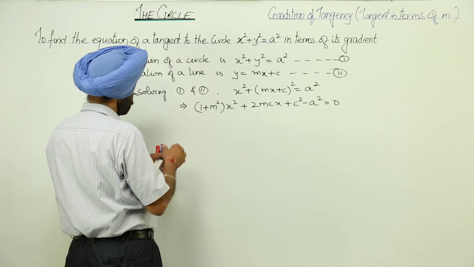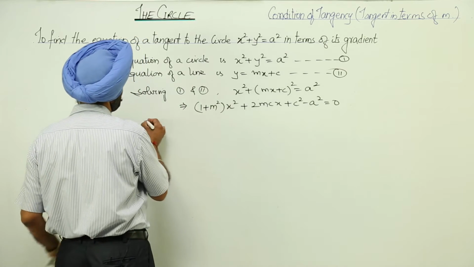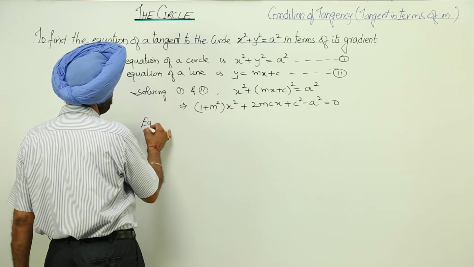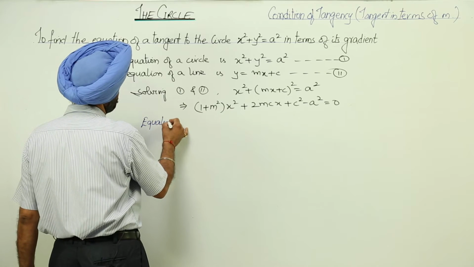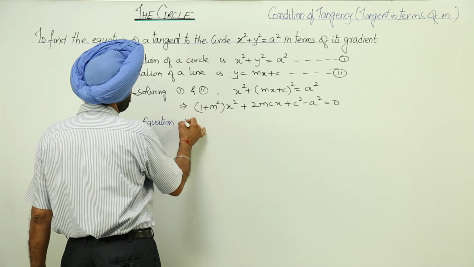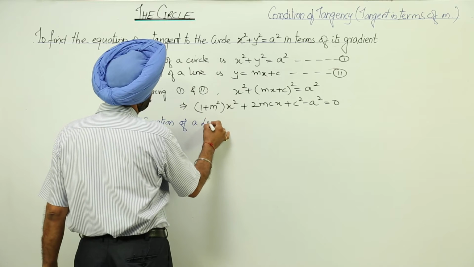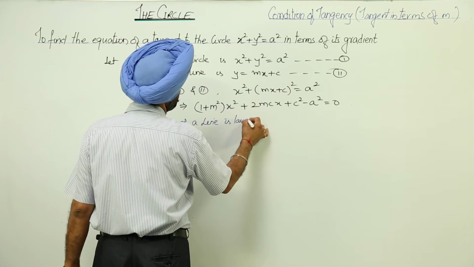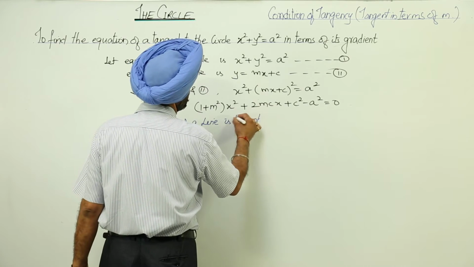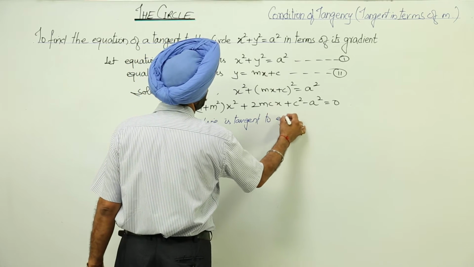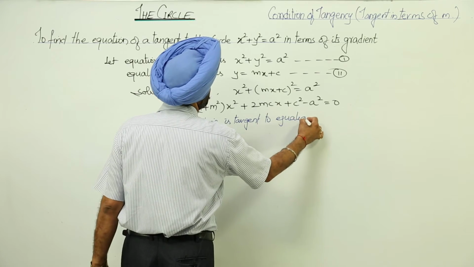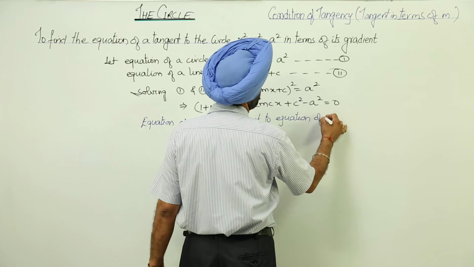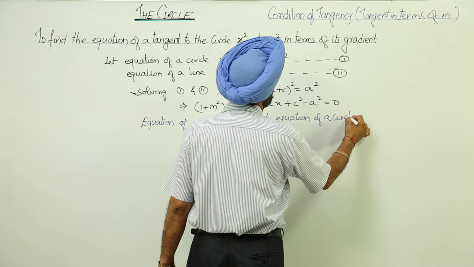Now, the equation of a line is tangent to the equation of a circle.